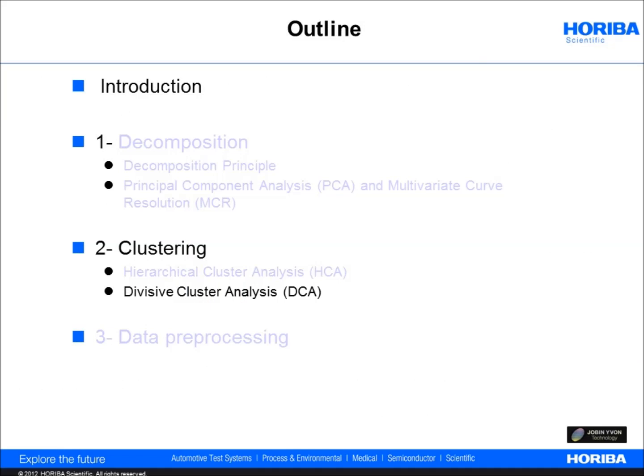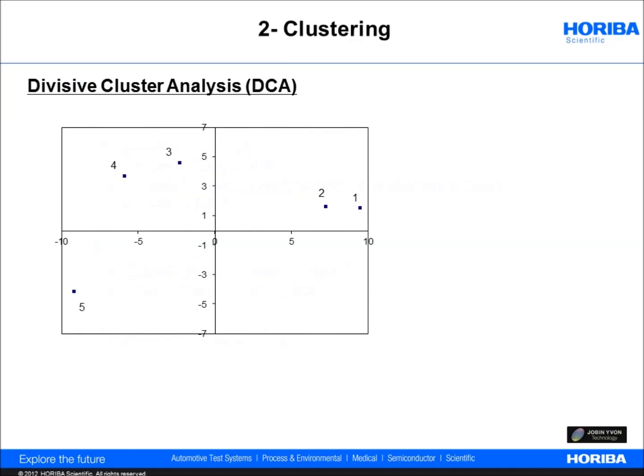Let's now spend a bit of time on divisive cluster analysis. Divisive cluster analysis will group spectra into classes by dividing the space into regions, each region representing one class. To illustrate the DCA, we use the same example with the 5 spectra shown in a 2D plot.